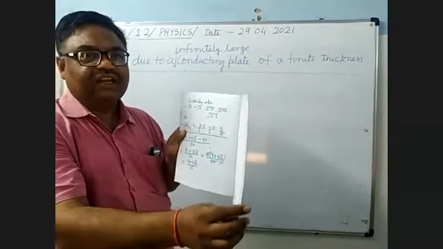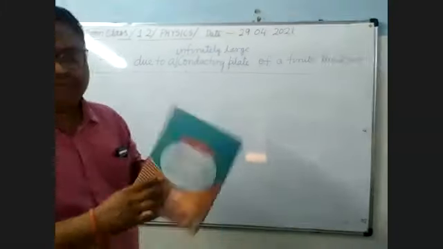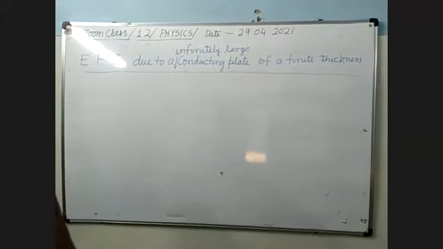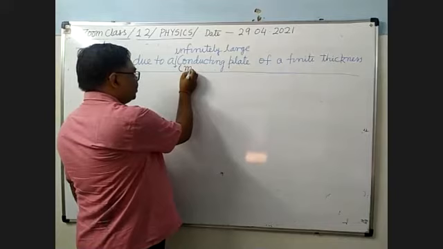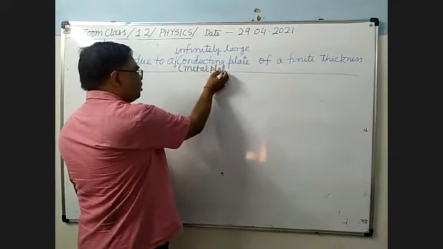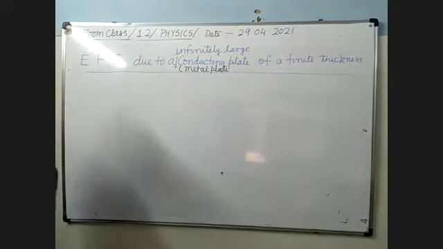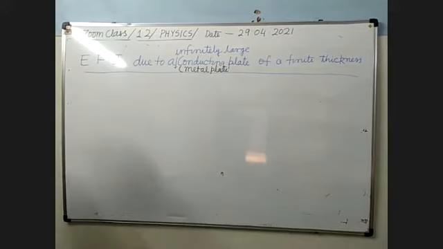It's a thin conducting plate. Now see here, when I say conducting, then it is a metal plate, because metals are good conductors of current. Is it clear? This is a metal plate.